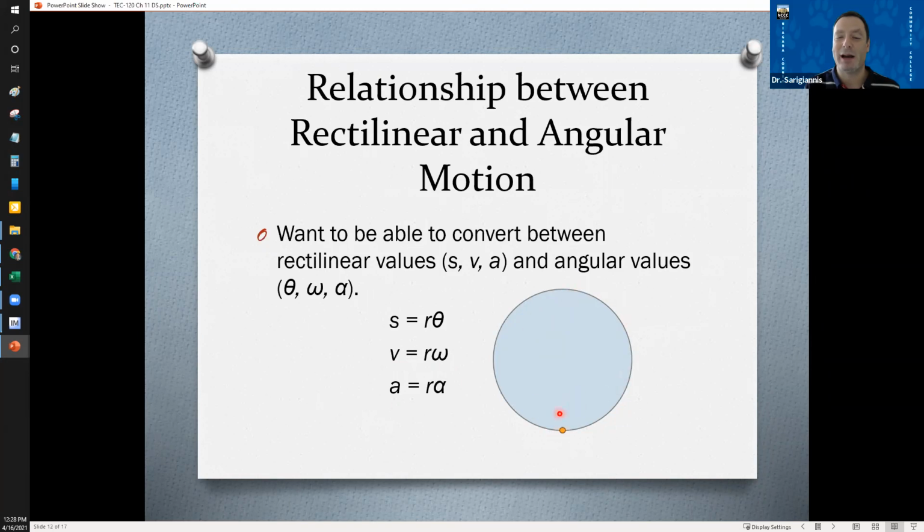If this is spinning around like a record or a tire, the velocity at a given point is lower on the inside. The angular velocity is the same everywhere, right? This is spinning at a certain number of radians per second, like a record player or a constant velocity bicycle tire.